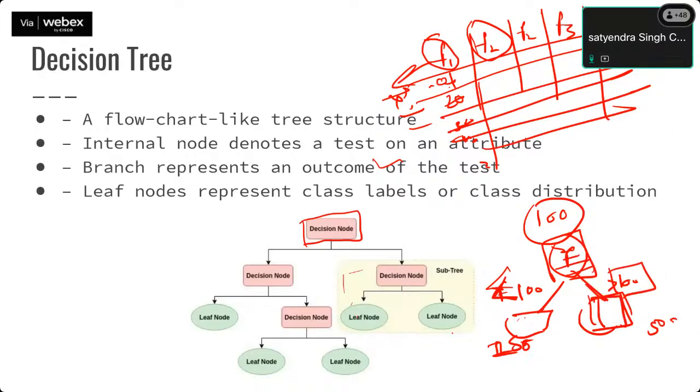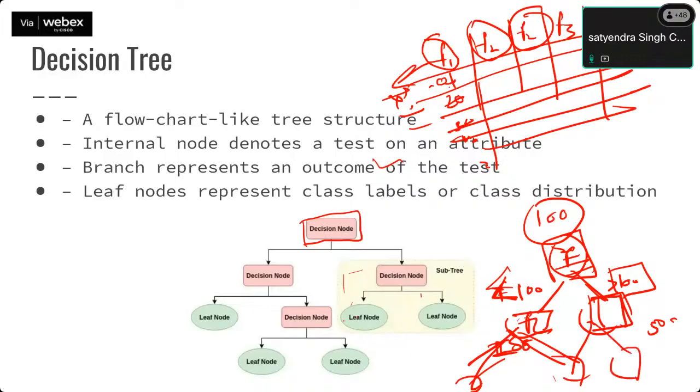Further, on those 50 instances, we pick another attribute, for example f2, and we make decisions and so on. Once we elaborate the tree on all or most of the attributes, that model is learned.